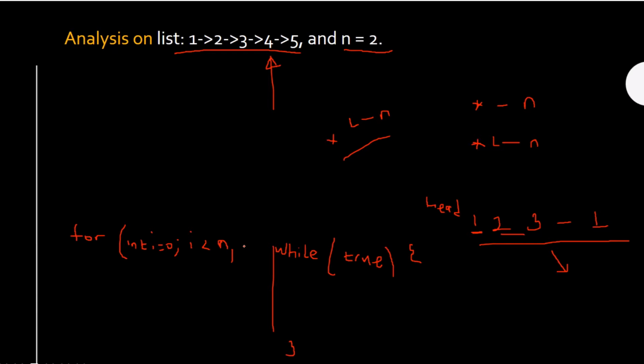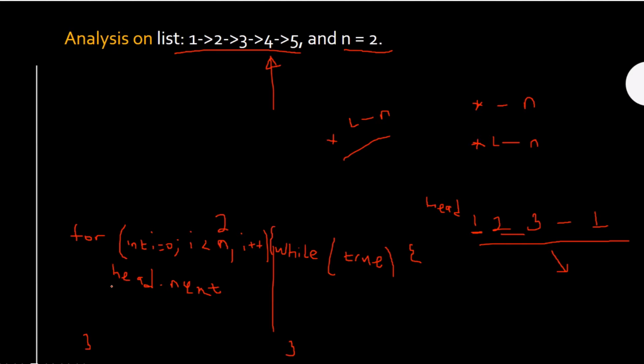So if you run a while loop, in this case your n is 2, you are going to get the head.next. You want to see whether it's null, so you do a comparison.